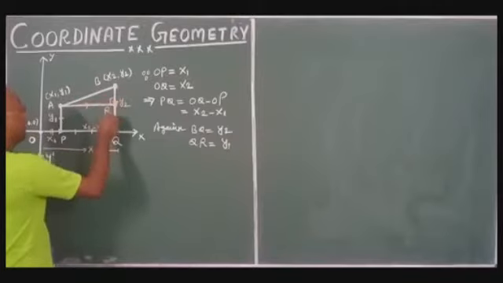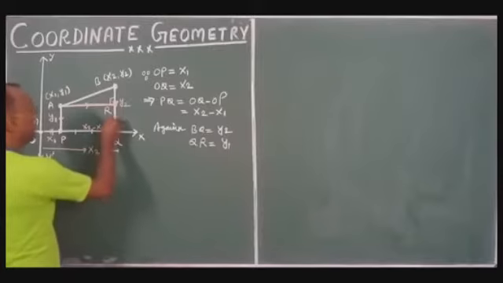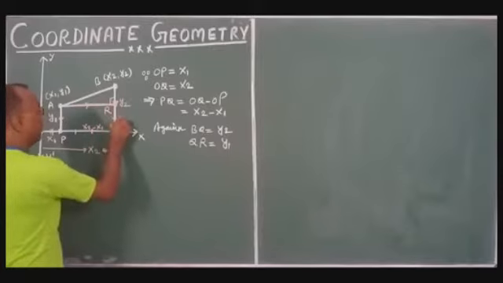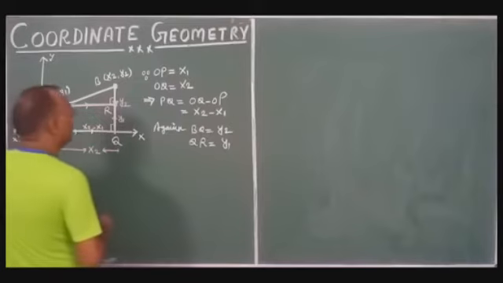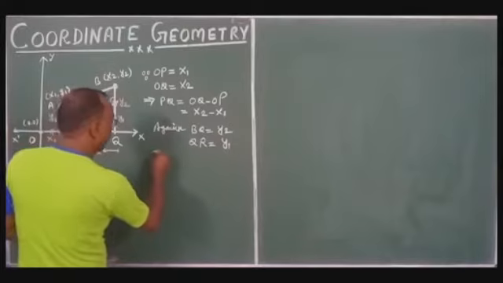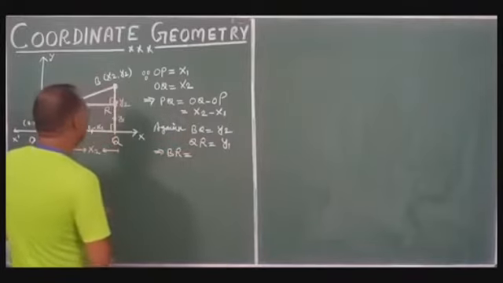This is a 90-degree angle here, and this distance is y1, that is QR. Therefore BR, can you tell me what is the value of BR?